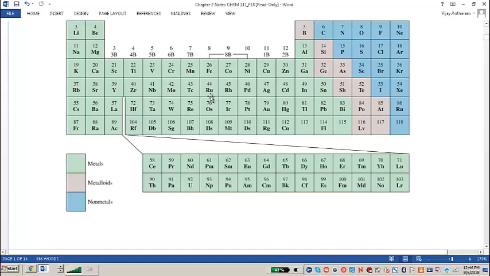But that is a weighted average. So carbon, that number here, which is about 12.01 or 12.02, is a weighted average of carbon 12, which is found in our body, naturally abundant, carbon 13, and carbon 14, which is radioactive.